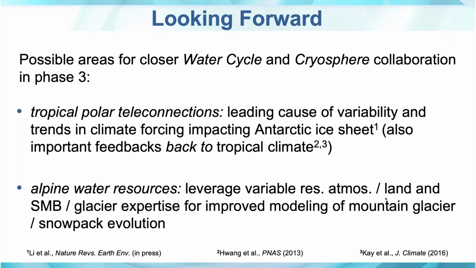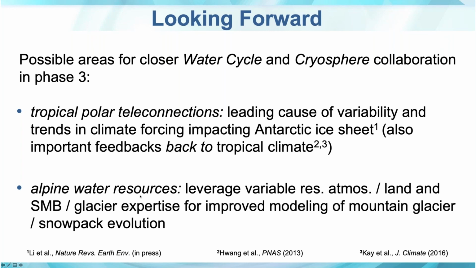A lot of these connections are the leading cause of variability and long-term trends in the climate forcing that is actually impacting the Antarctic ice sheet and causing some of the dynamic responses we see today. There's also some important feedbacks between Southern Ocean climate and tropical climate that would be interesting to investigate.